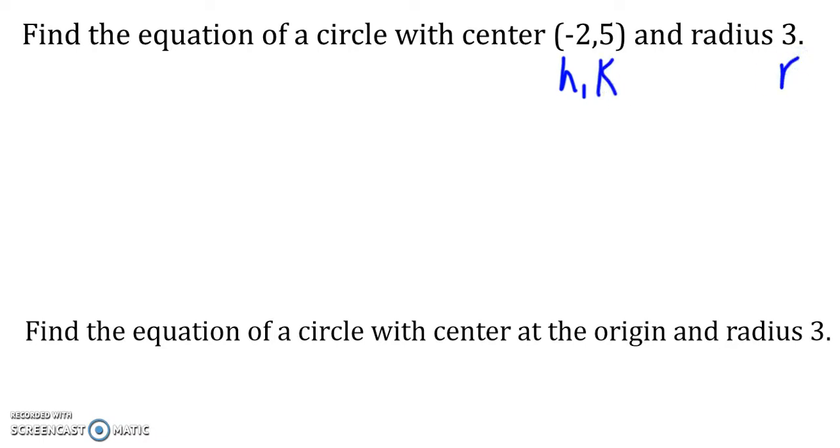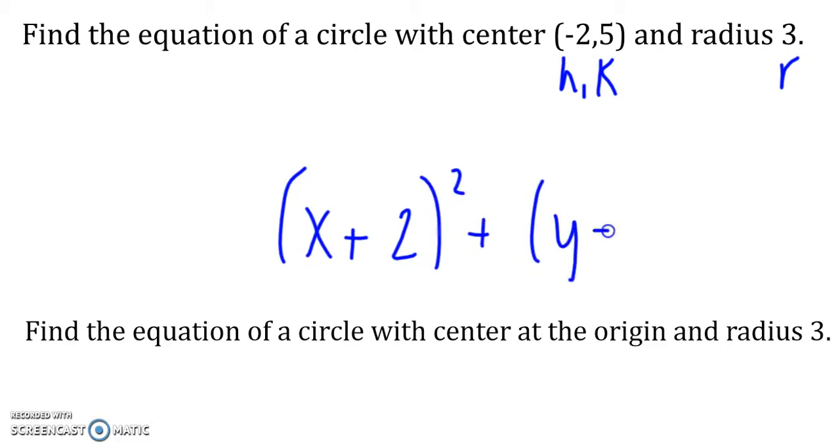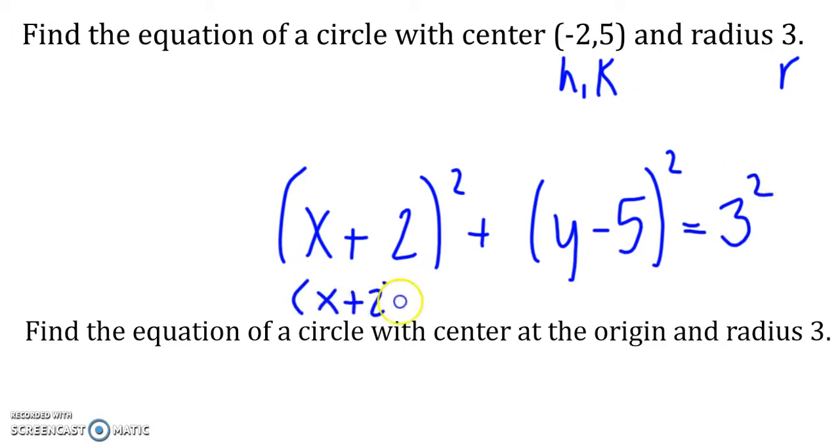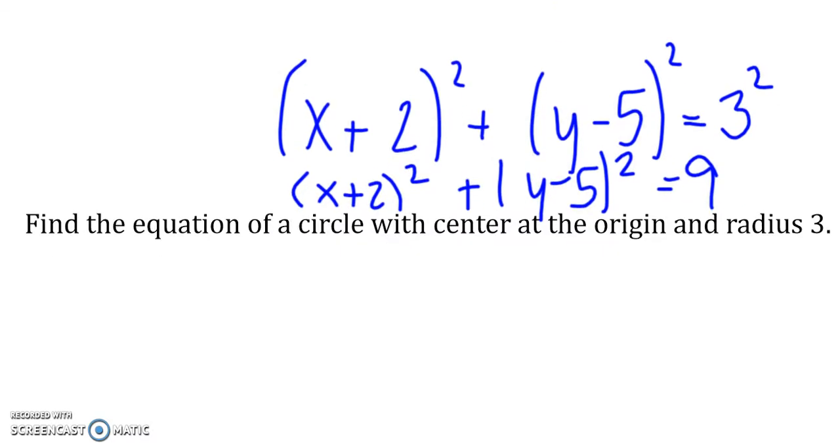So if I plug it into my formula, it would be x minus a negative, which would become plus, squared, plus y minus 5, because that's what the equation equals, and instead of just r, it equals r squared. So really it's 3 squared. But I would like you to write that as (x + 2)² + (y - 5)² = 9. And that would be how we write the actual equation.